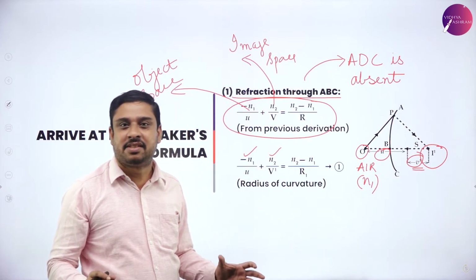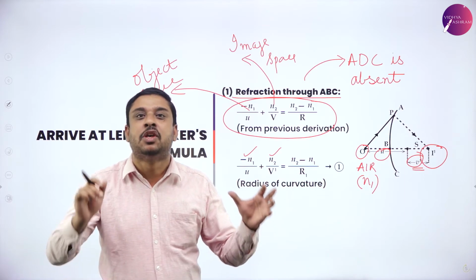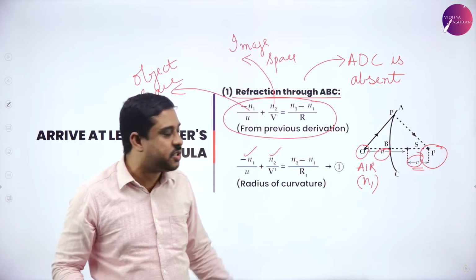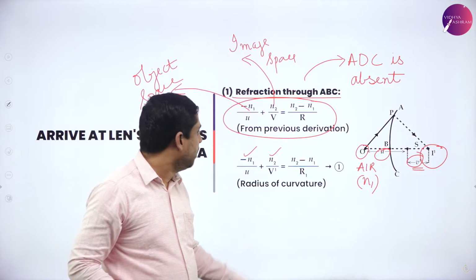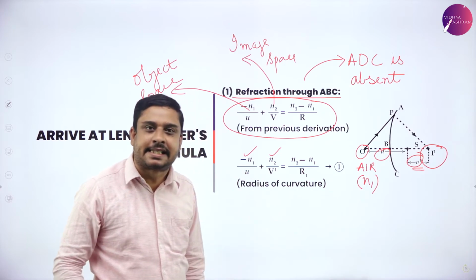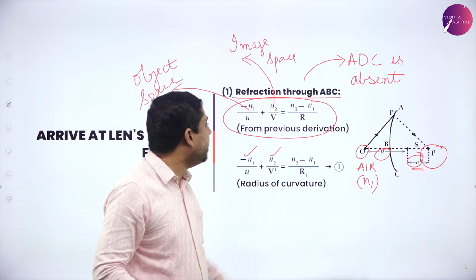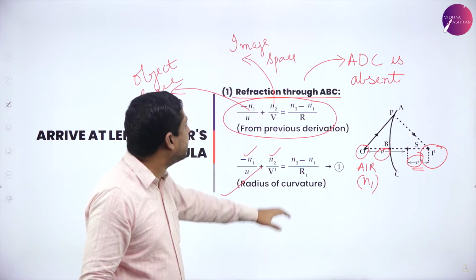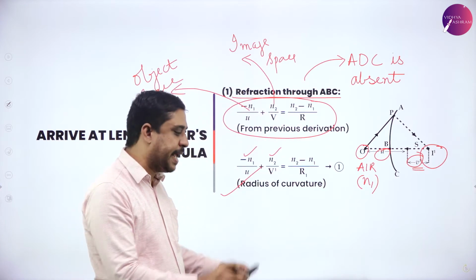Image space is the refractive index of the medium causing the image, lens n2. Object distance u, image distance v dash, n2 minus n1 by r1. So this is refraction through ABC.